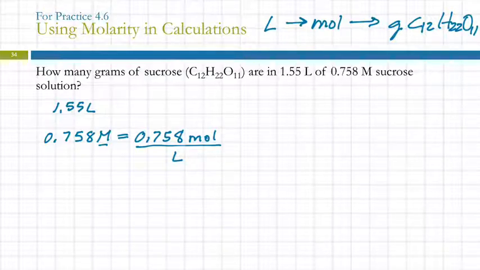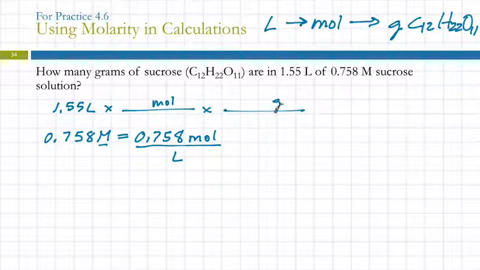So we're just putting together individual pieces that we've learned. So I've got liters, I'm going to go to moles, and then I'm going to go to grams. I'm going to put moles down here, so those cancel, and liters down here, those cancel.